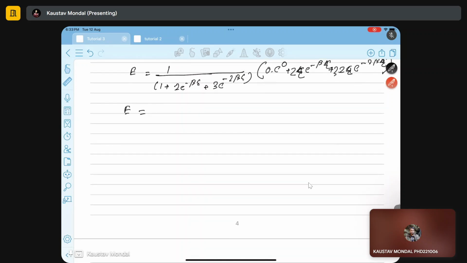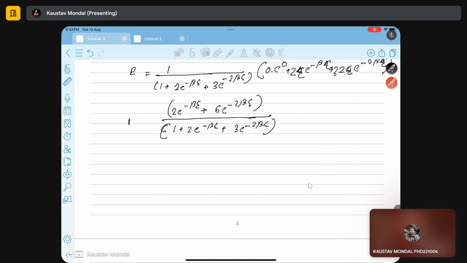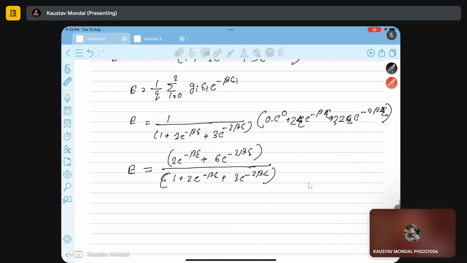So now it is 2 epsilon e to the power minus beta epsilon plus 3 into 2, which is 6 epsilon, e to the power minus 2 beta epsilon. In the denominator it will be 1 plus 2 e to the power minus beta epsilon plus 3 e to the power minus 2 beta epsilon. So this is the expression of the energy for this kind of system.